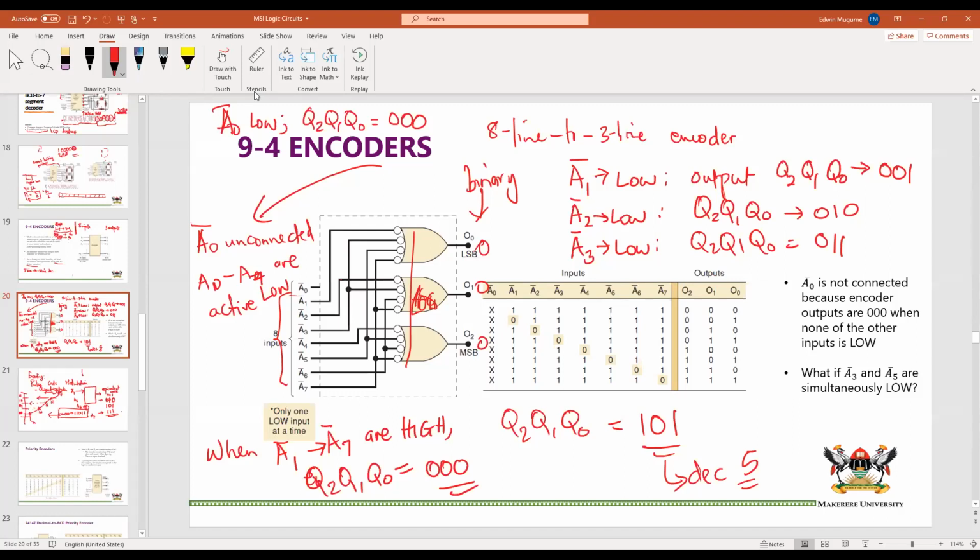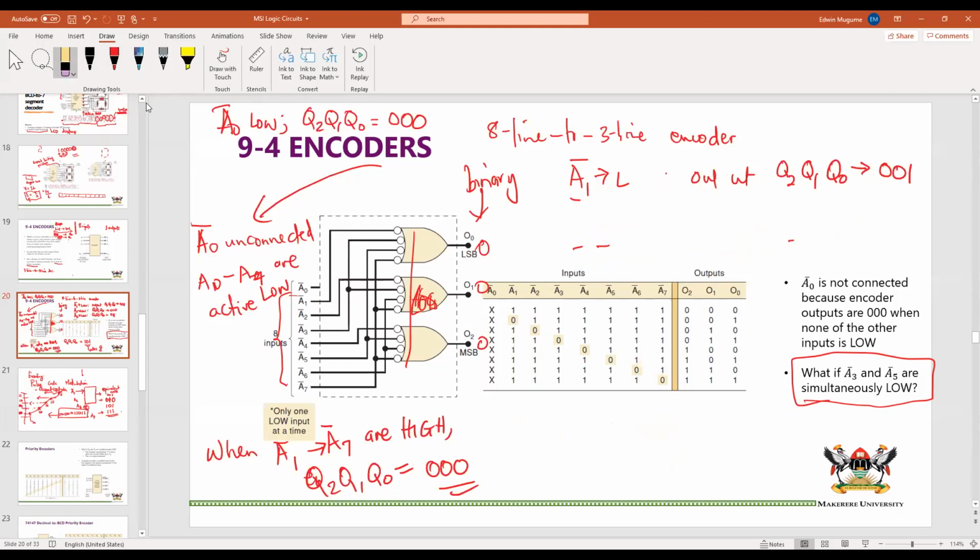Right. Now, let us look at the truth table before we go far. Let us look at the encoder's truth table. Now we can see here that with A naught we don't care, because as you can see it's not connected anyway.